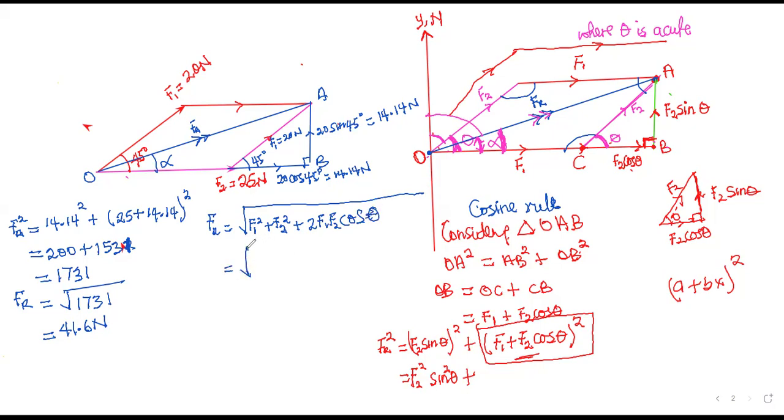Do that and see for yourself. So F1 is 20, F2 is 25. Two times 20 times 25 cos of 45.